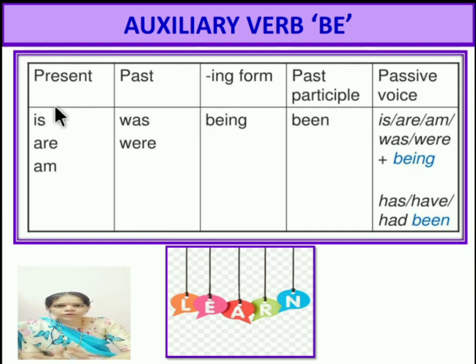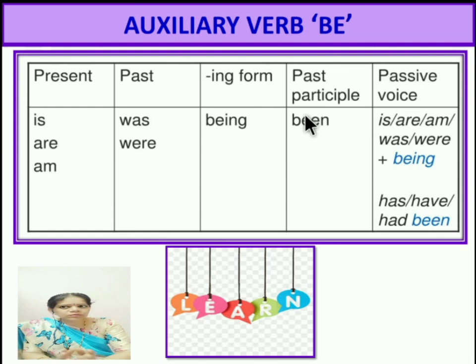Let's blend these forms of be, do and have with the types of tenses first. Let's understand them very easily and slowly in a very simplified way. Present tense will have is, are or am, depending upon the singular or plural form of the subject. Past tense will have was and were, for sure, as the helping verb, and the ing form of the verb will have being, B-E-I-N-G.